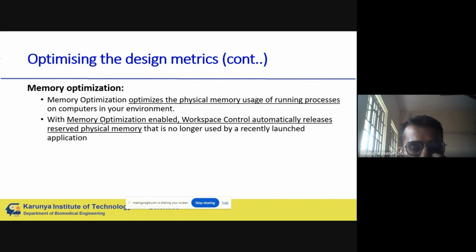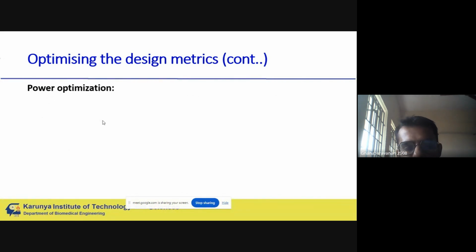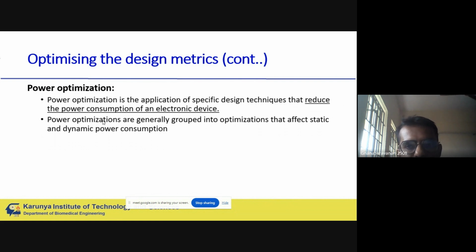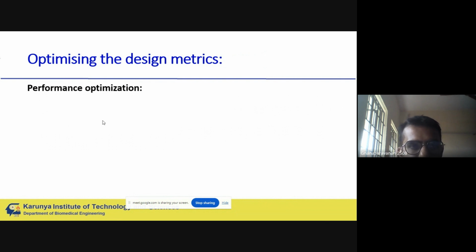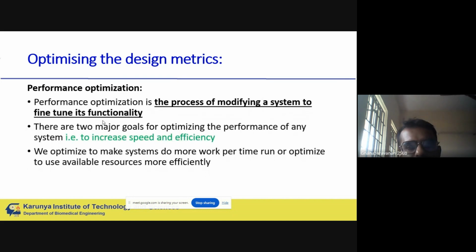How do we process the data? All these things come under memory optimization. Similarly, power optimization is about how we do power management, background apps, and all these things.